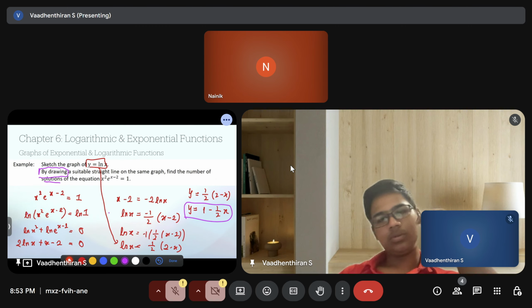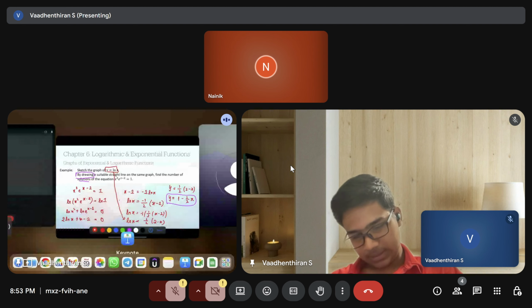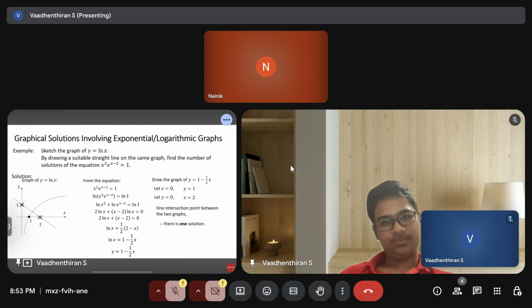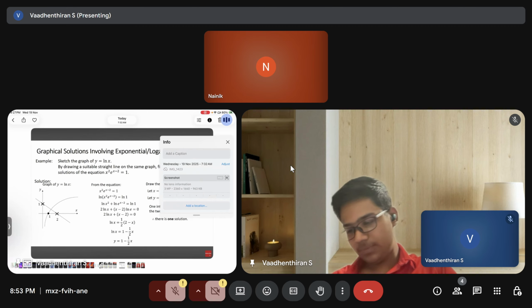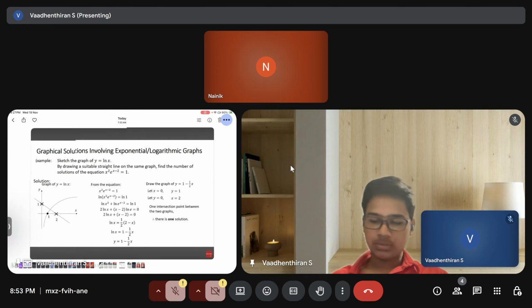You need to draw a suitable graph, and whichever one intersects is the thing. So basically, the graph would look somewhat like this. This is ln x, and this is the straight line, and there's only one intersection, so there's only one solution.